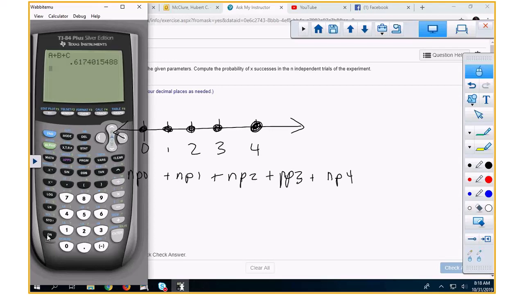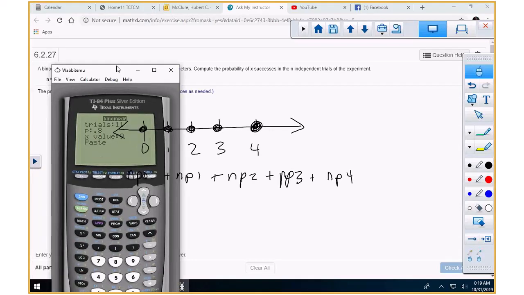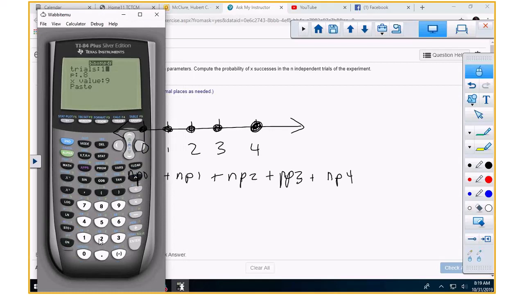I'm going to pull up second vars, and I'm going to pull up Binomial PDF. And I'm going to type in N is 13, and P is 0.2.